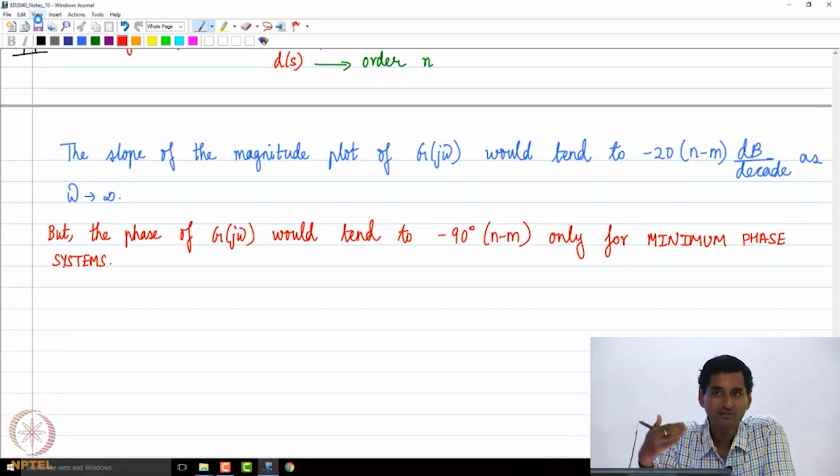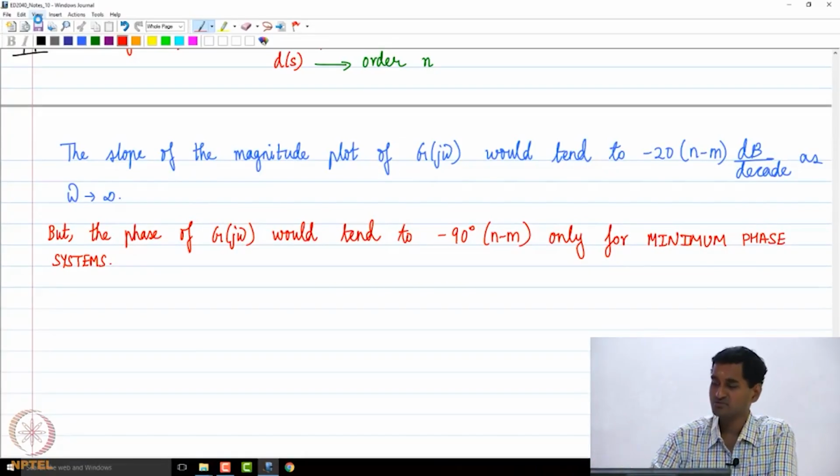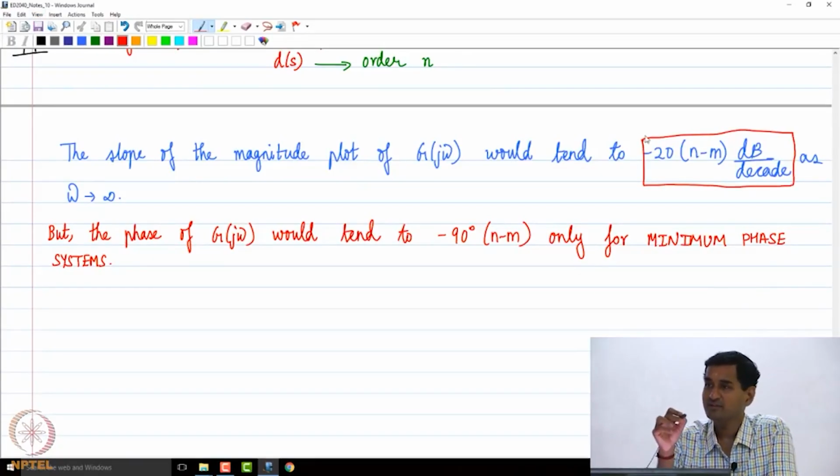So you will know the relative degree of the transfer function, because the slope is going to be minus 20 times (n minus m) decibels per decade. And then you look at the high frequency value for the phase, and you will be able to determine whether it is a minimum phase system or a non-minimum phase system. That information is something you can obtain.